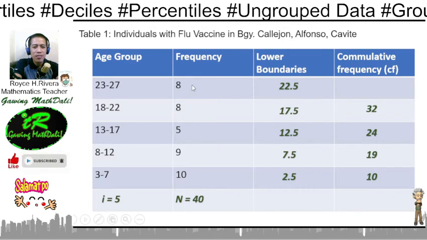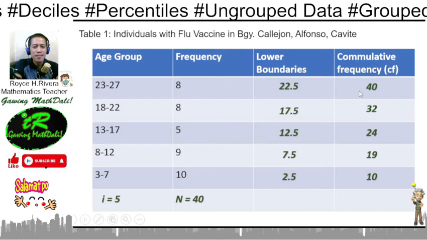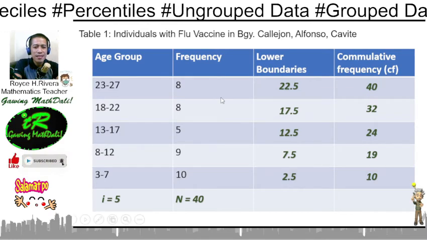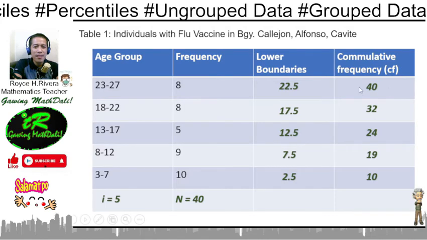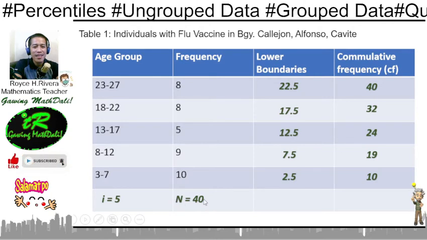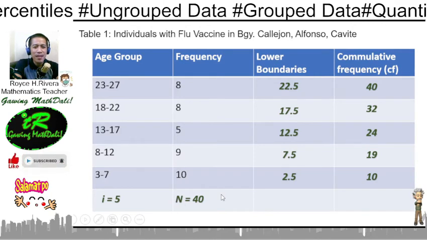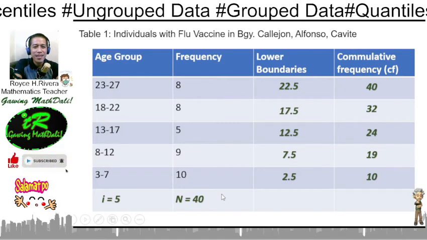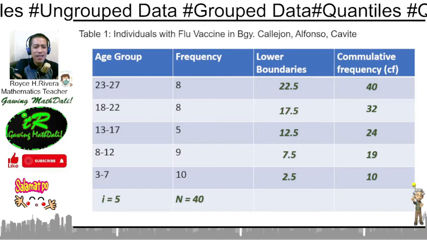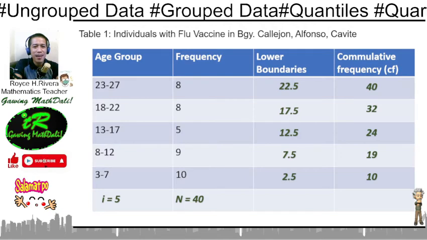And 32 plus 8 is equal to 40. The topmost value for the cumulative frequency should be equal to the total number of data. Kung hindi nagtugma, may kulang o sobra, kailangan nating ulitin. Gagamitin natin ang data given dito sa table mamaya sa ating mga computations.